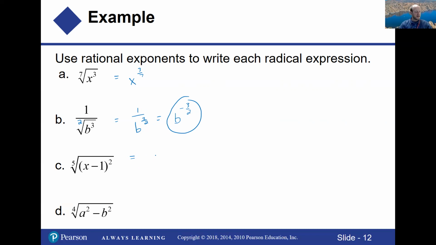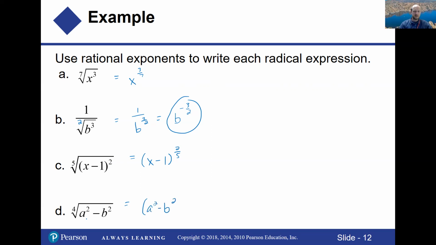So let's take this next one. Again, all I'm doing here is using rule number 2 that we just learned. So I'm just taking this guy, and then I'm raising it to the 2/5. This root here goes in your denominator, and this power here goes in the numerator. And same thing with this one.